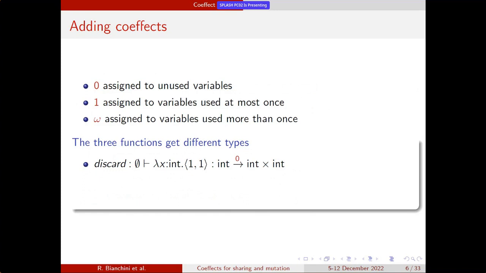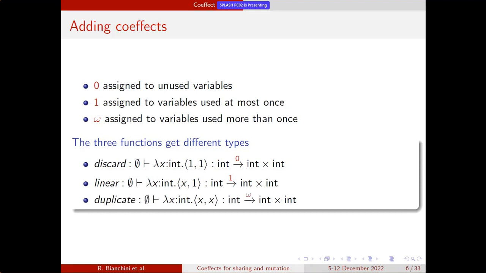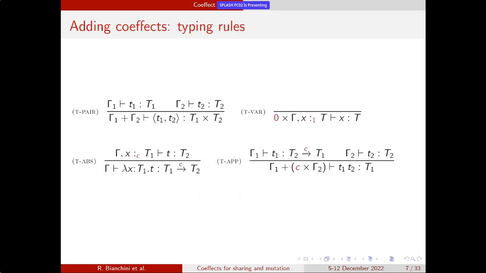In this way, those 3 functions will get 3 different types. Discard is a function from int to int that uses the parameter 0 times. Linear is a function from int to int times int that uses the parameter 1 time, and duplicate uses omega, which tells us that it's using the parameter an unbounded number of times.